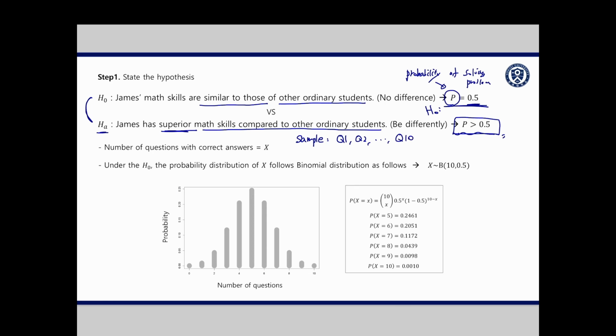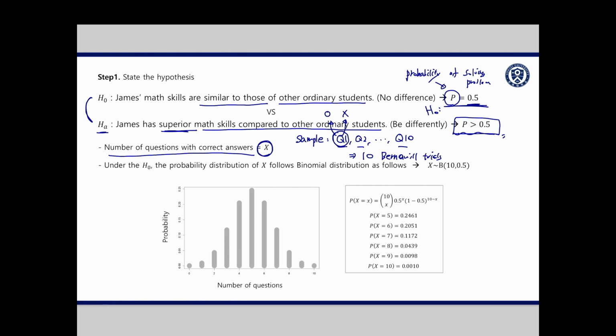At this time, we let the number of questions with correct answers be a random variable X. Therefore, the 10 math questions can be considered as 10 Bernoulli trials, because in each question there are 2 cases: correct or not correct.